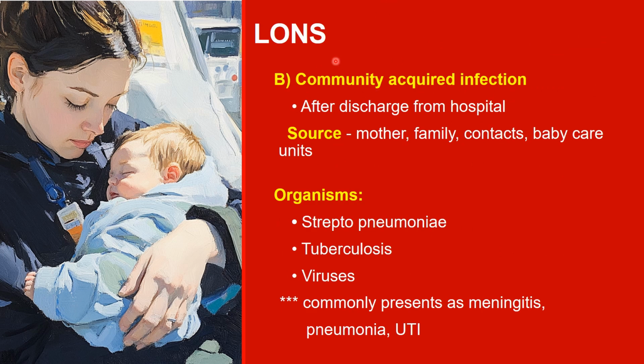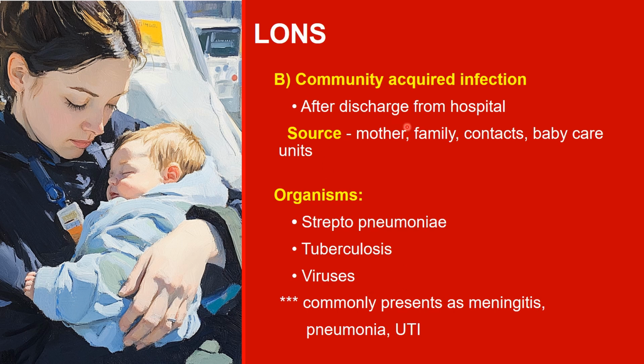Another type of late onset neonatal sepsis is community acquired infection, which is occurring after discharge of the baby from the hospital. So the source will be mother, the family members, the relatives, all the contacts who come to visit the babies, and baby care units are the sources for this type of infection. And the organisms involved are Streptococcus pneumoniae, tuberculosis, or the viruses.